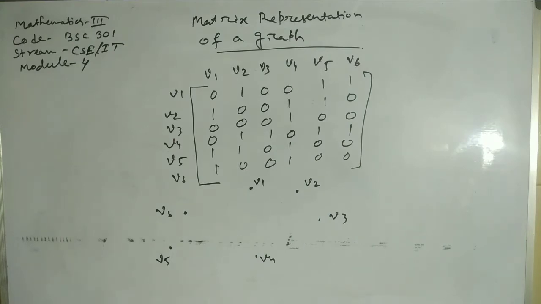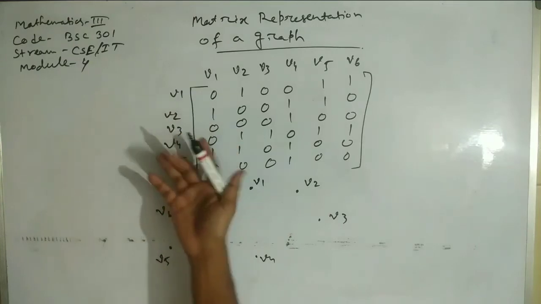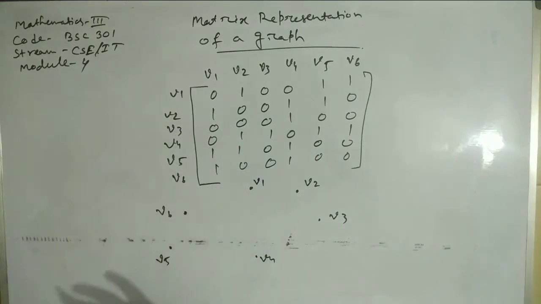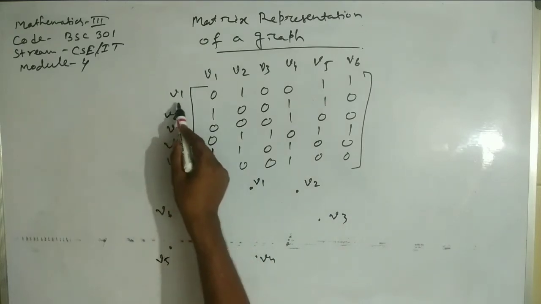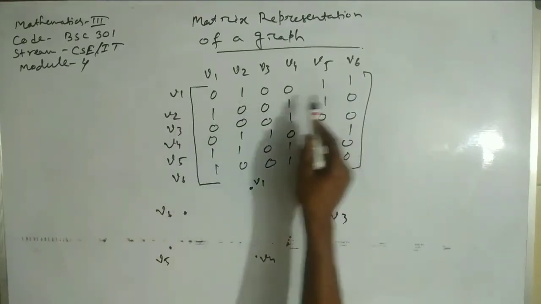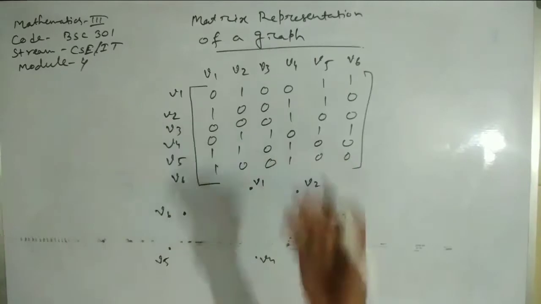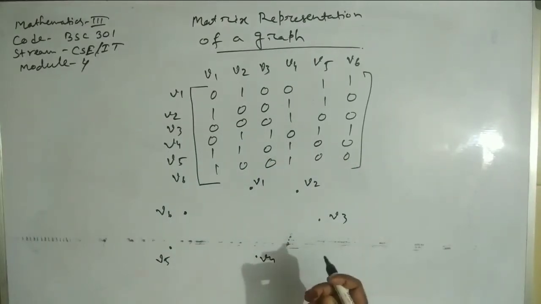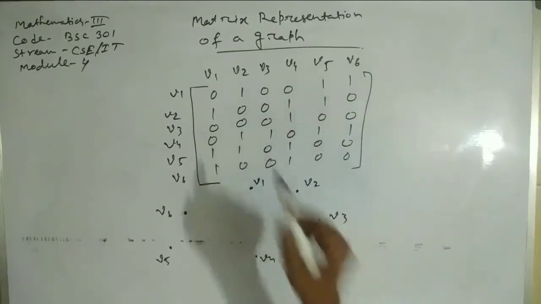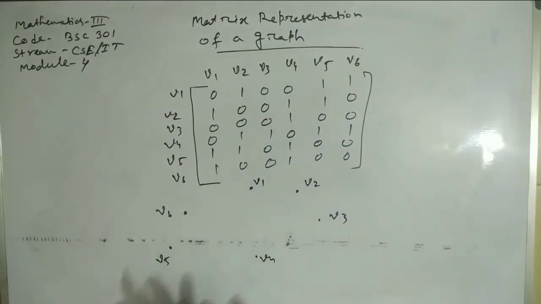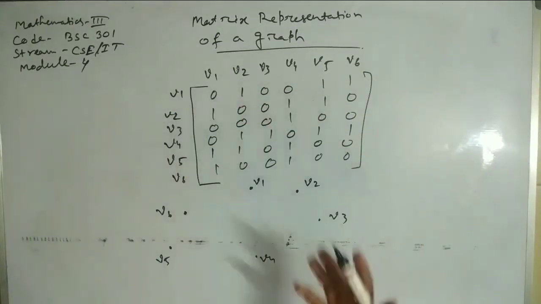Now we will draw the edges. Consider any one row or any one column. I am considering the first row, that is V1. Now see in which positions there are 1s. In V2, V5 and V6 there are 1s, and in all the other places there are 0s.